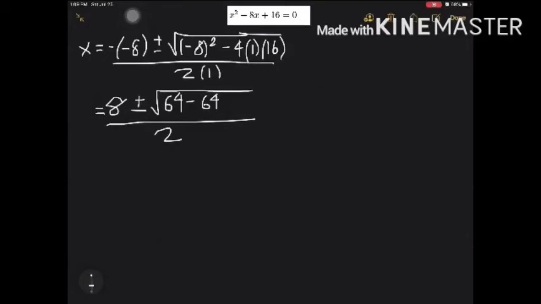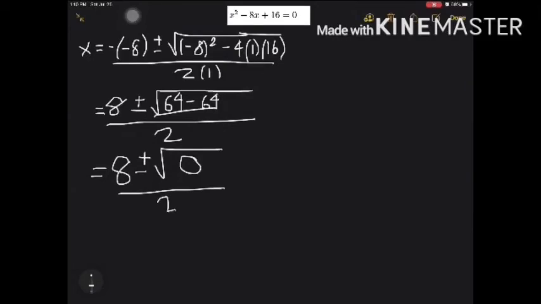Then we're going to find the value of the discriminant. So 8 plus minus the square root of 64 minus 64, which is equal to 0. So the discriminant this time is 0, so that means we will have two equal real roots, over 2.